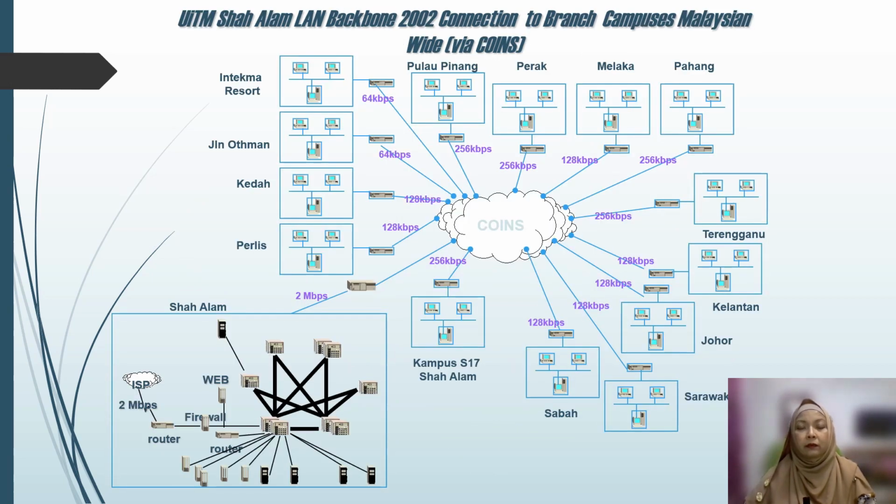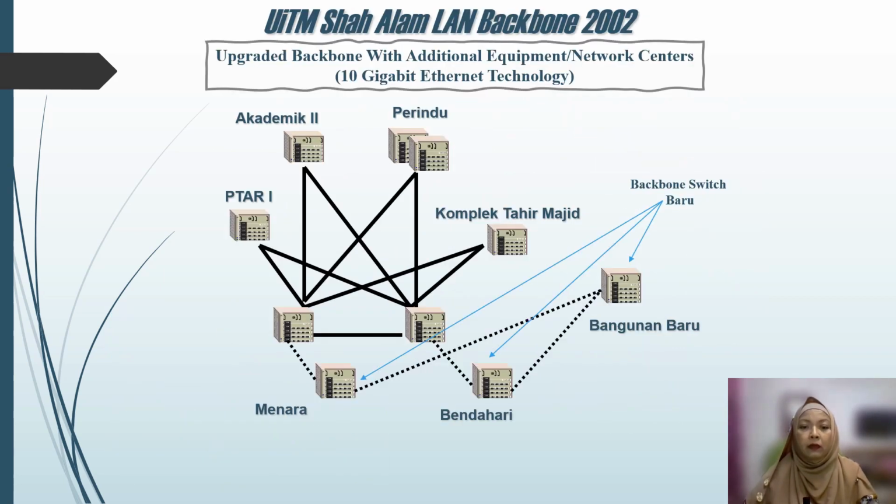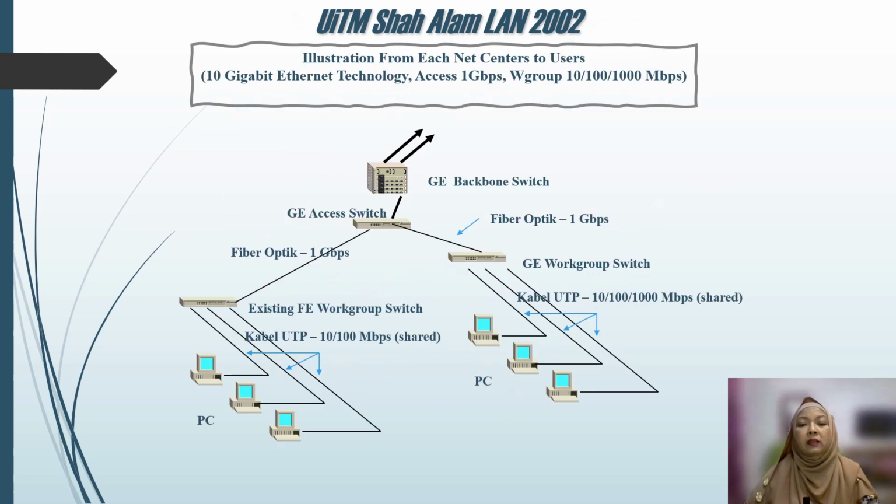This is the first phase of COINS connectivity, and then upgrading when we upgraded the backbone to 10 GE from the previous ATM, we can see the architecture for the workgroup to user are almost the same.